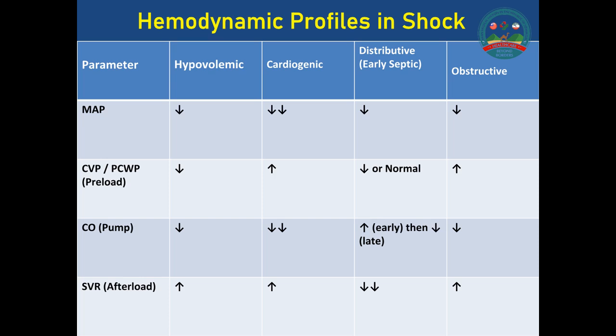In distributive shock, especially early septic shock, the mean arterial pressure decreases, the CVP may be low or normal, the cardiac output is high in the early phase but becomes low later, and the systemic vascular resistance is markedly reduced. In obstructive shock, the mean arterial pressure decreases, the CVP or preload increases, the cardiac output decreases, and the systemic vascular resistance increases. Recognizing these patterns helps us identify the type of shock at the bedside.